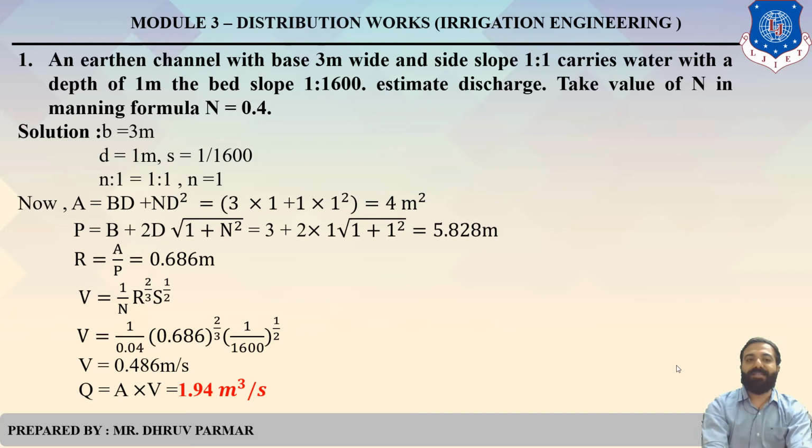B equals 3 meter, as I said, D equals 1 meter, bed slope 1 in 1600, and side slope 1 to 1. When the side slope is given, you have to compare 1 to 1 with n to 1. So here we compare n to 1 equals 1 to 1, so n equals 1. But in some examples, the value is given like 1 to 2.